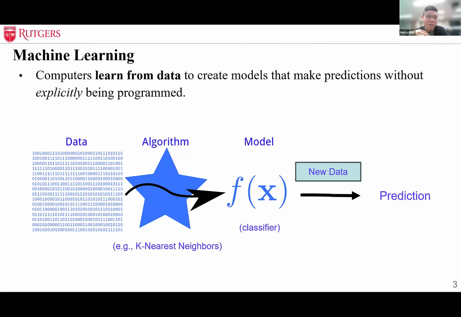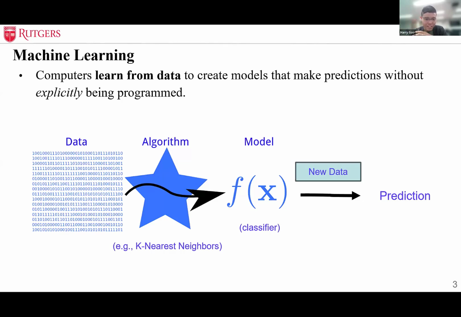For example, we see some dark clouds coming, and we predict, okay, it's going to rain. So the clouds are like the data, our brain is the algorithm, and we see that dark clouds mean it's going to rain in a couple of minutes. That is the model, a built model.